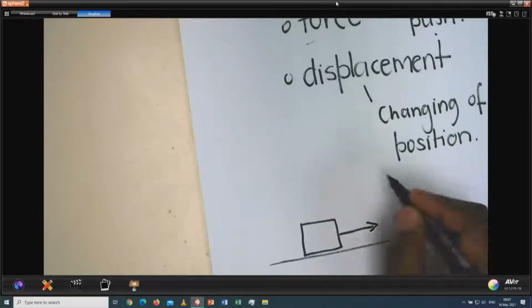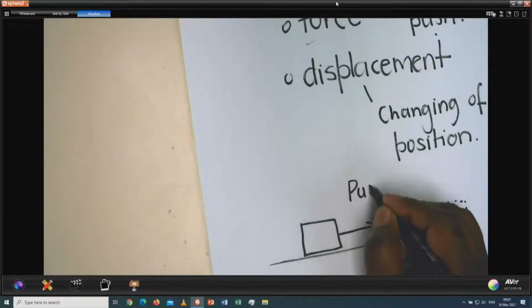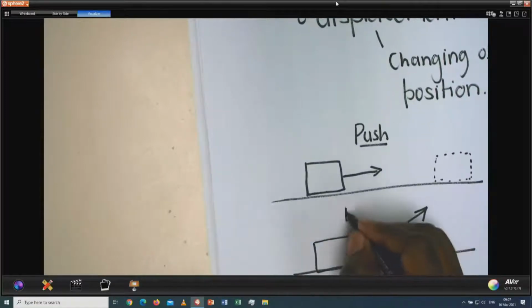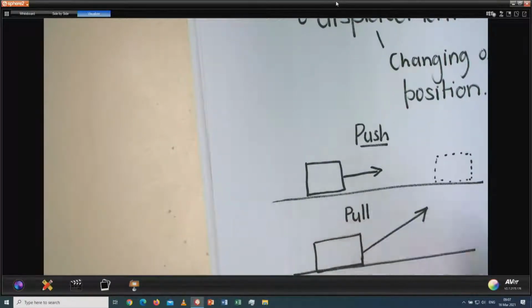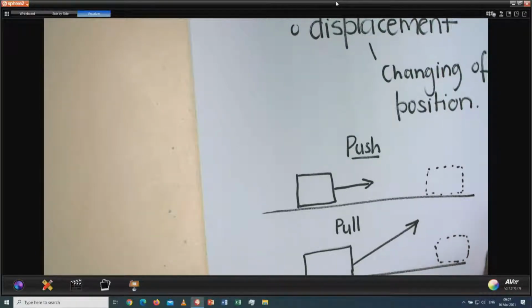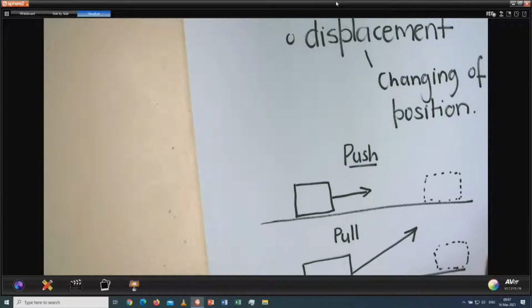So here we are having a push, and here we are having a pull. So when there is a push or a pull and the object changes its position, then work is done.